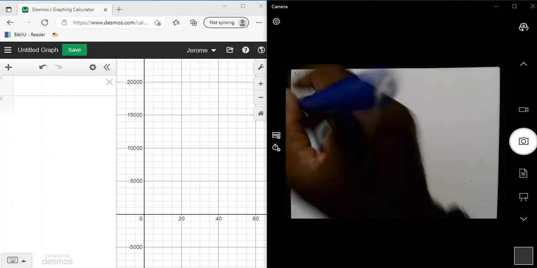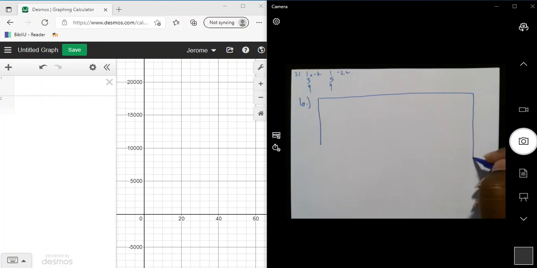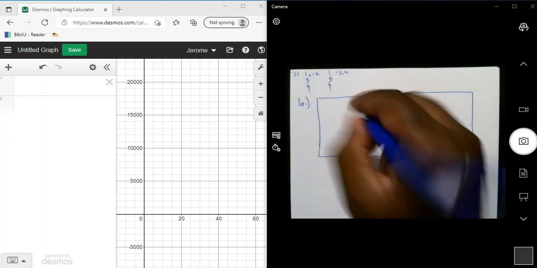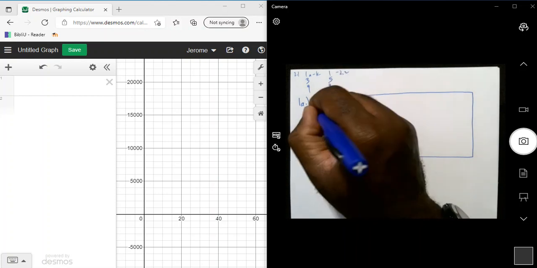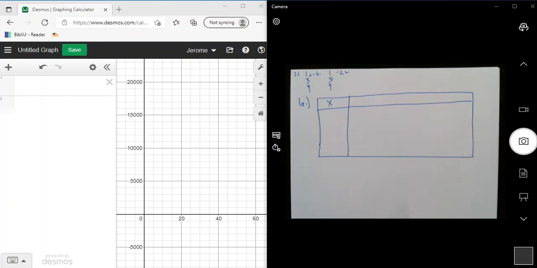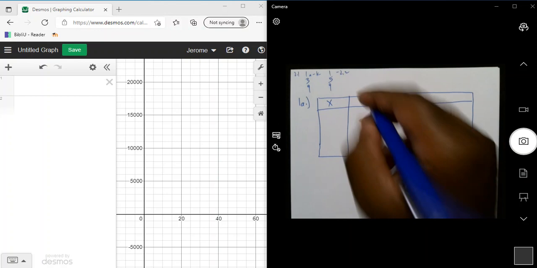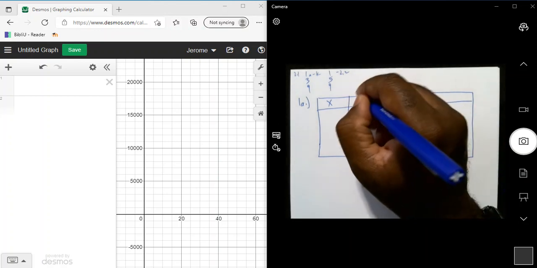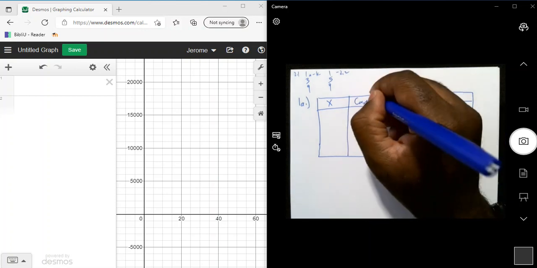All right, so you are given a table. So we'll do X, and I'm not going to write out everything from the table because you have your textbook. But this X represents the number of people attending, and then this here would be the cost of the banquet hall.